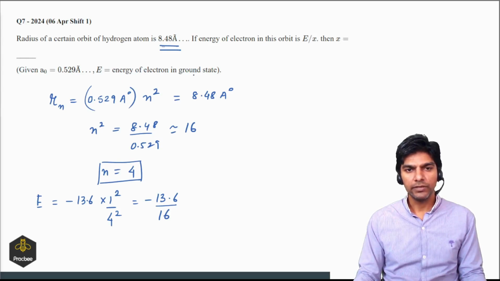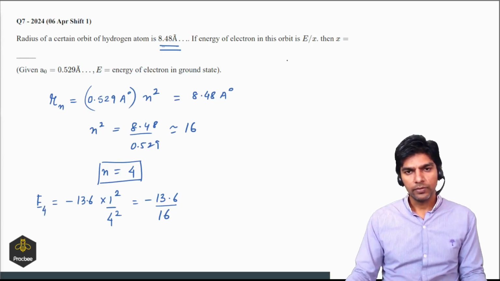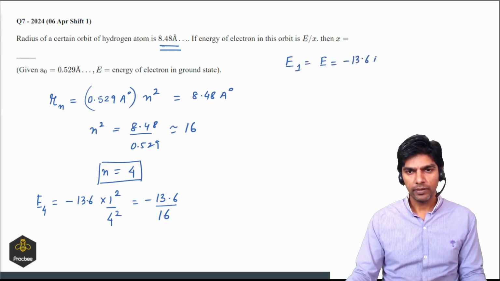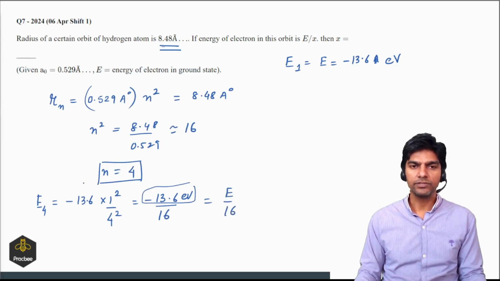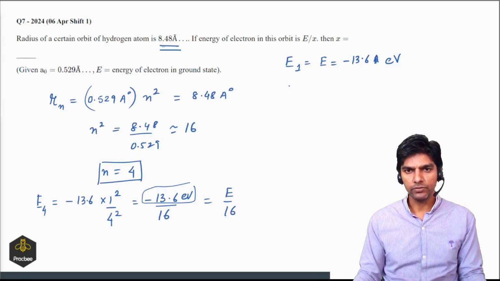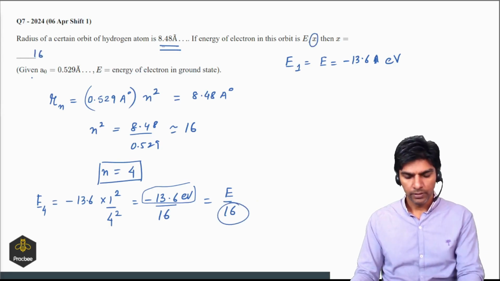The energy of the electron in the ground state is given as E, which is minus 13.6 electron volt. So this is E by 16. So the energy in the fourth orbit is E by 16, and we can say the value of x will be 16. So 16 is the answer.